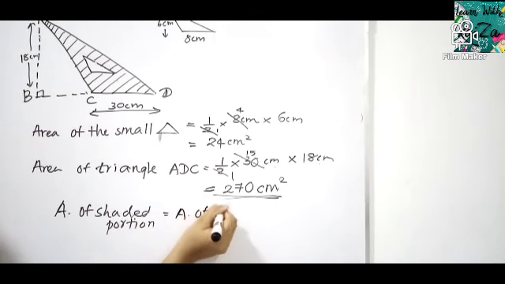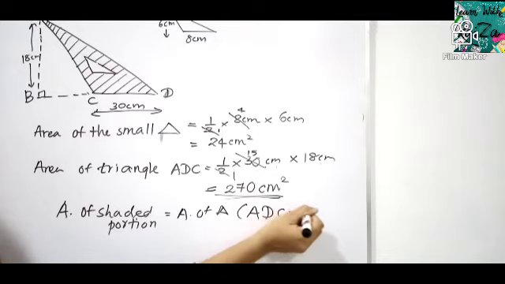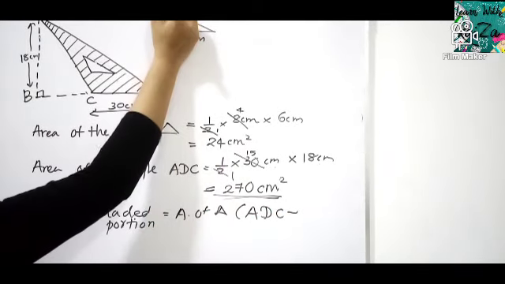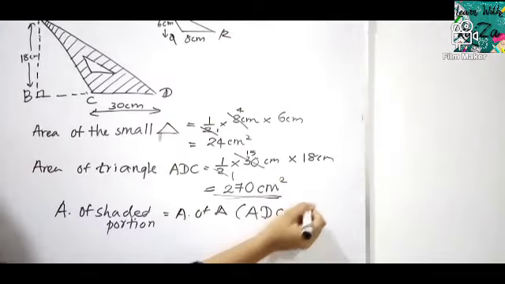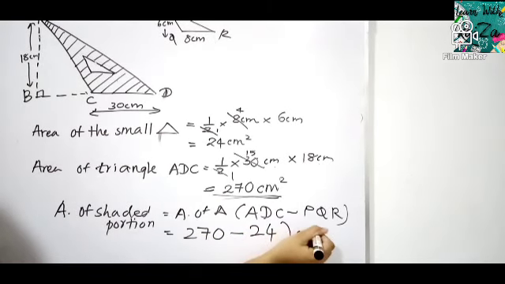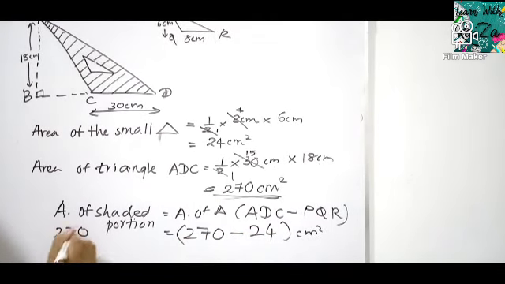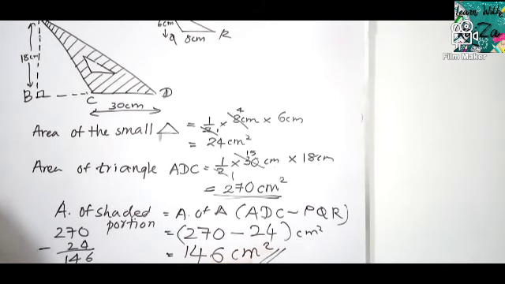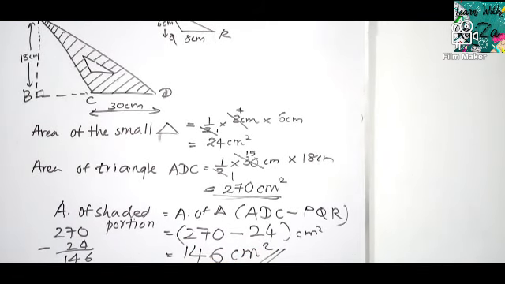Area of triangle ADC minus area of the small triangle, I'll just name it PQR because I won't take it later. So the area of triangle ADC is 270. 270 minus 24 square centimeter. Let's subtract. 270 minus 24. Yes, 146 square centimeter is the area of the shaded portion. Look at the figure carefully, understand carefully what you have to remove away and what you have to keep remaining. Then it's easy, okay?